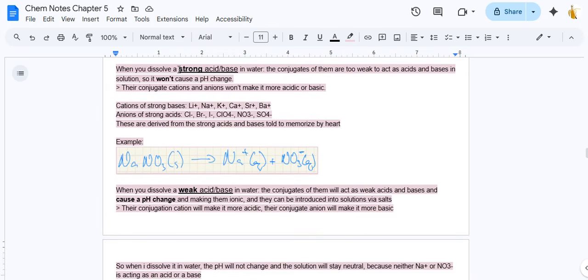Now, how do we know if it's the cation or anion of a strong acid or base, or a weak acid or base? We know that from the list of cations of strong bases and the list of anions of strong acids.